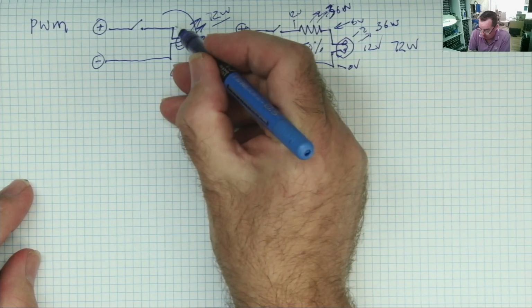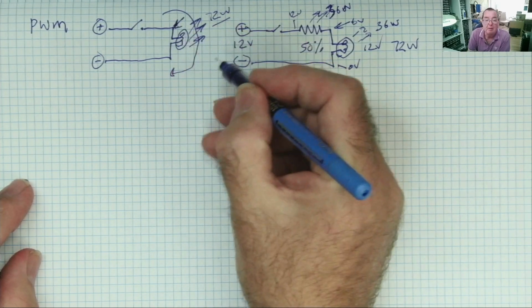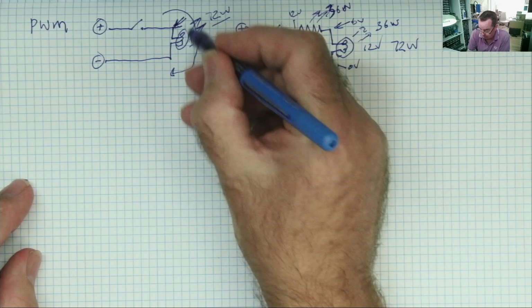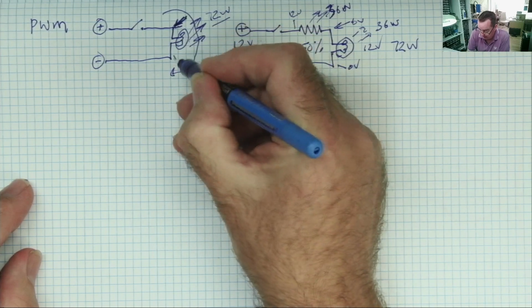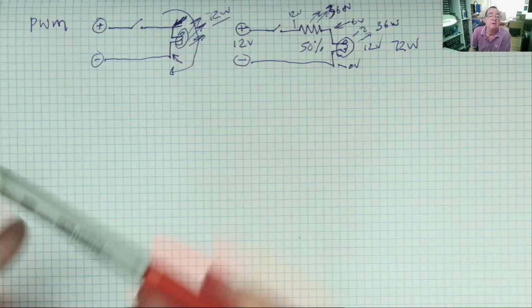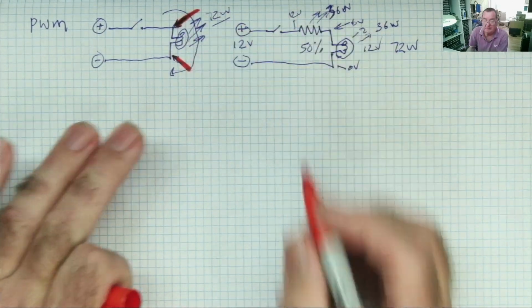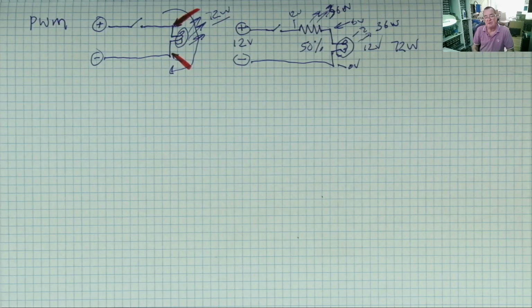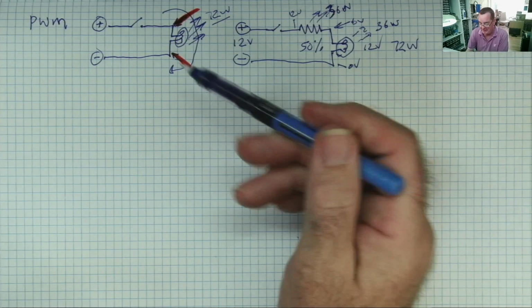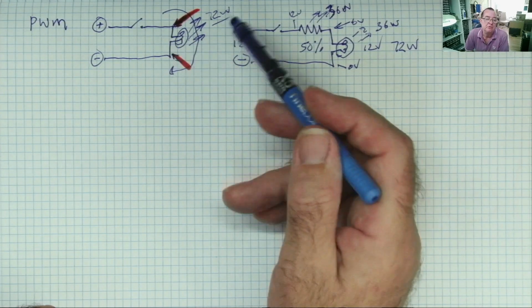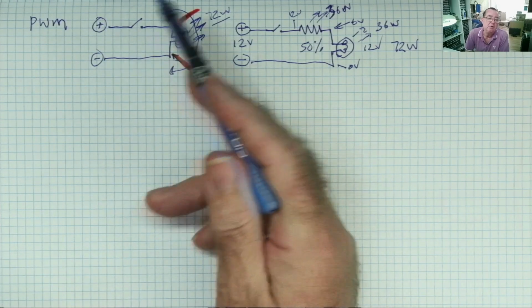And let's have a look what's happening to the voltage here on the top of our light bulb. We put our multimeter across from here to here. Let's make it a bit obvious. This is getting messy already. From there to there. Well, the circuit has two states. It has the state in which the switch is closed and the state in which the switch is open.